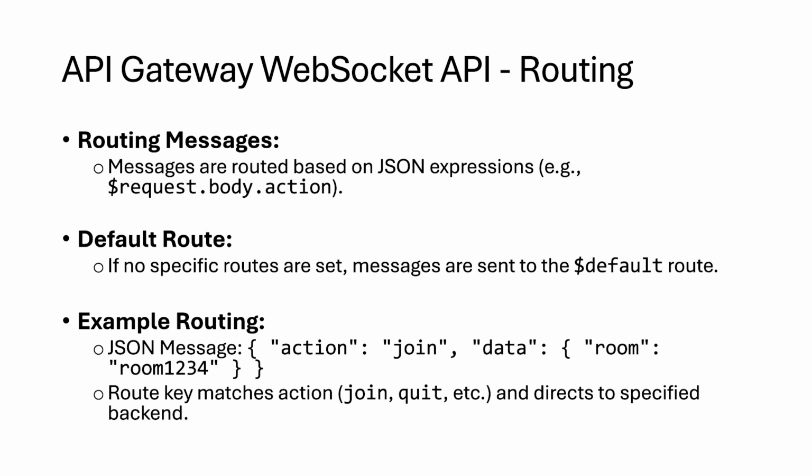Since your request has an action in $request.body.action, if the route key matches the action, for example if you have a route key with the matching name, then you can directly go and join that specific chat room. And if you don't have that matching action, then you won't be able to join the chat room. Okay, so that is how routing works in WebSocket API at a very high level.